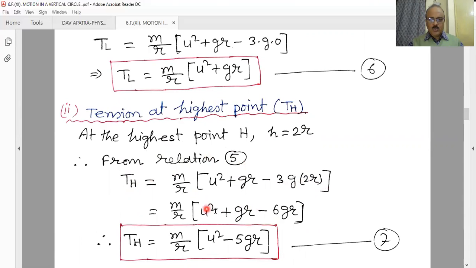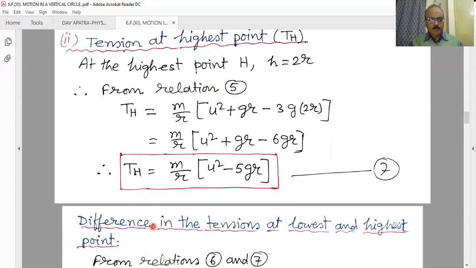That is u square plus gr minus 6gr, that is u square minus 5gr. Now equation 6 is the tension when the object is at the L point, and equation 7 is the value of the tension at point H. Obviously TL is greater than TH, because here it is u square plus gr and here u square minus 5gr.